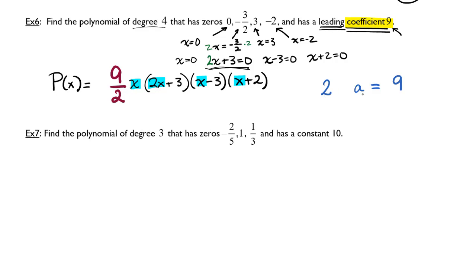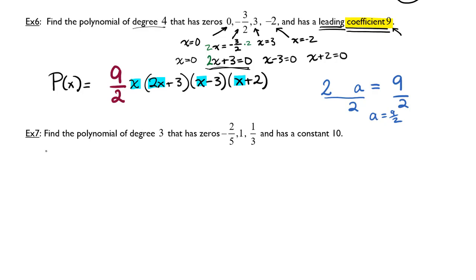And so if I want to find out what value a would have to be so that I have a 9 in front, I divide both sides by 2. And a equals 9 halves, and that's my coefficient out front of everything in my polynomial.